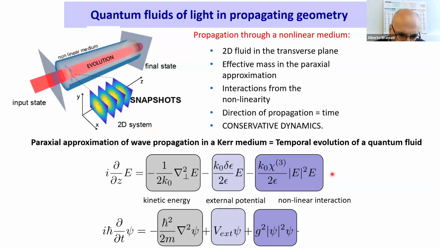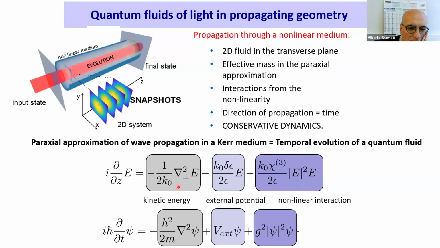And we can identify this equation term by term with the standard Gross-Pitaevskii equation: kinetic energy, external potential, and the nonlinear interaction, which in this case are given by the type 3 nonlinearity of the medium and by the intensity of the light.